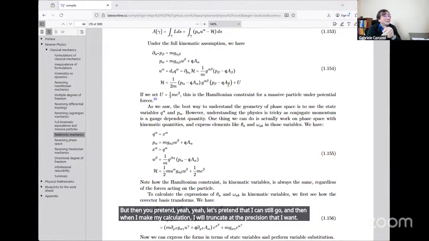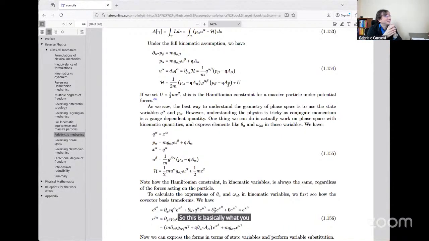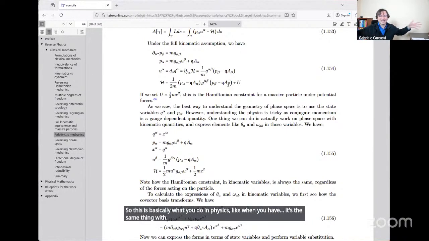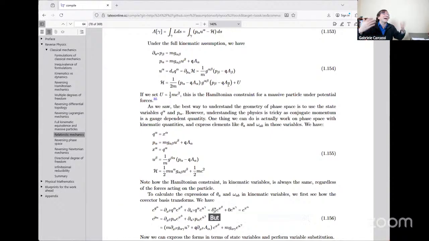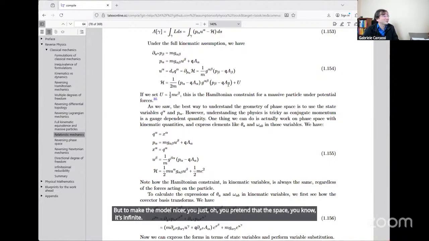So this is basically what you do in physics. It's the same thing with the fact that you pretend that your space is infinite in size. You know that your space is not infinite in size. You have a cutoff, but to make the model nicer, you pretend that the space is infinite, even though at some point you're going to truncate.